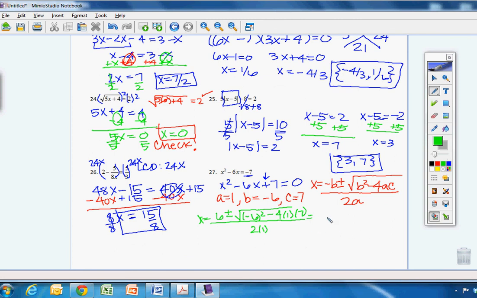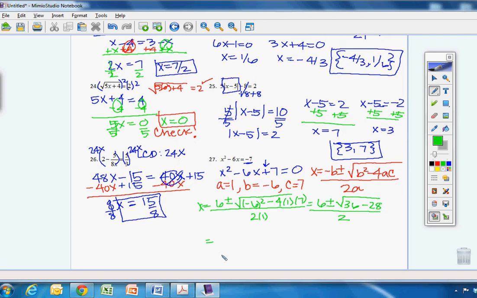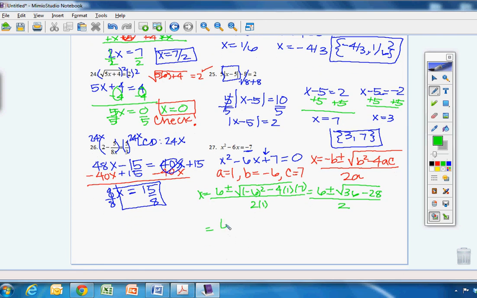Okay, so I have again 6 plus or minus. Now we're going to simplify this a little bit more. So we got 36, and then 4 times 7 is 28, all over 2. Okay, so 36 minus 28 is going to give me 8. So now I'm going to move down again. I have 6 plus or minus the square root of 8 all over 2.